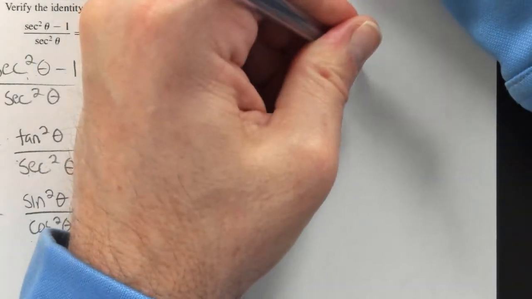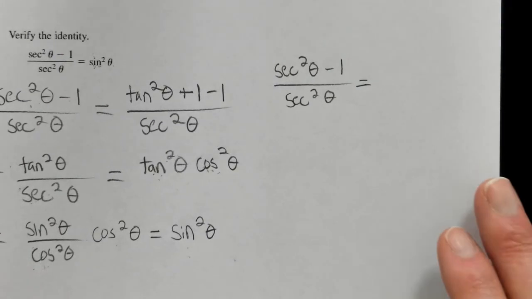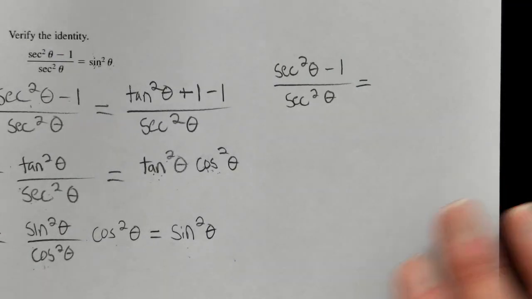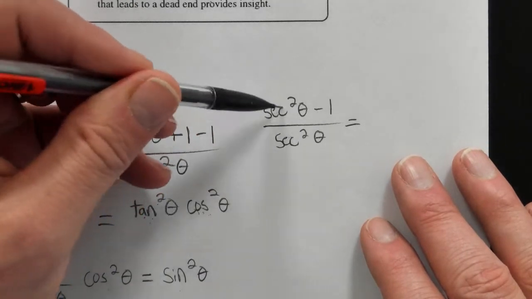Now, we can still show that it's equal to sine squared by going a slightly different route here. As a matter of fact, it involves splitting this up into two different fractions.